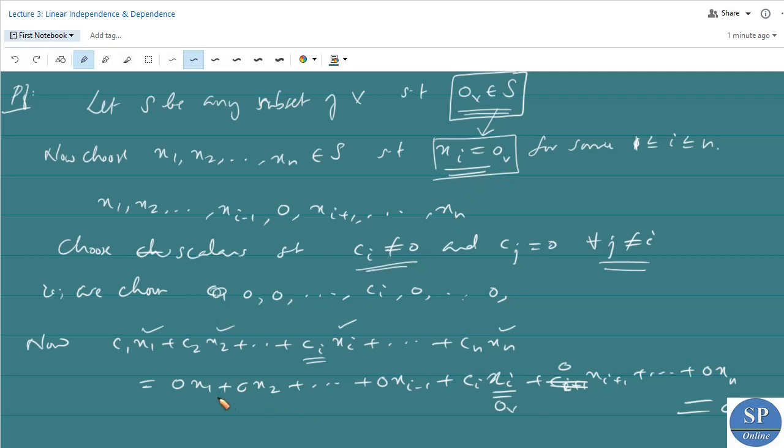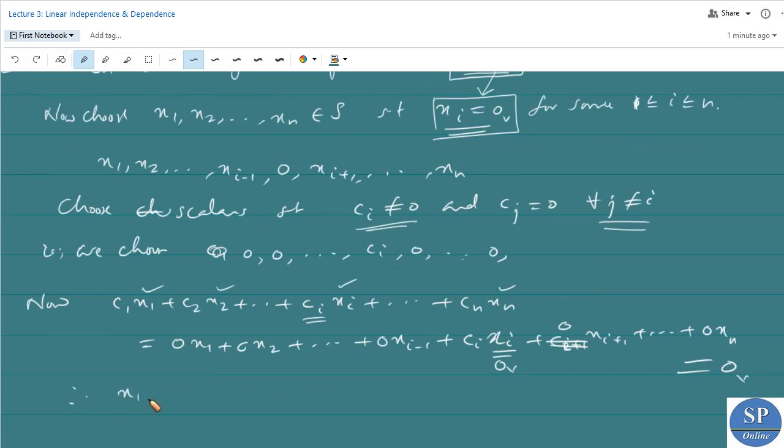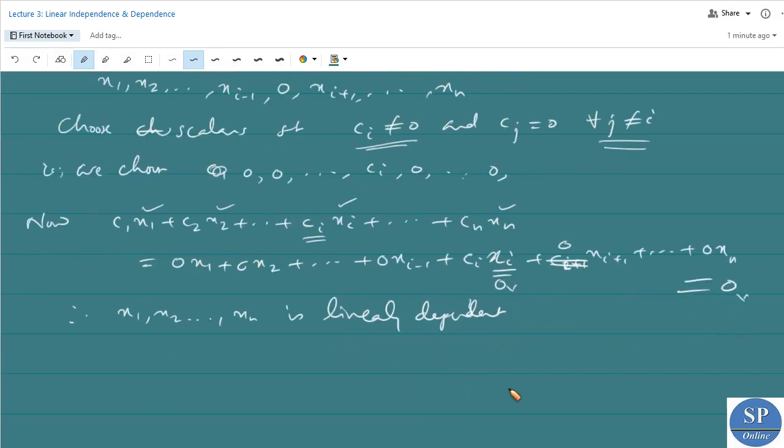So we have a linear combination of the xi's such that not all these ci are zeros. So the set x1, x2, etc., xn is linearly dependent. That is, S is linearly dependent.